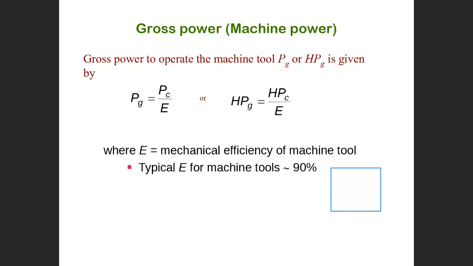This is a spindle, for example, and this is a tool. At the tool, there is a cutting here, and there is a workpiece here.